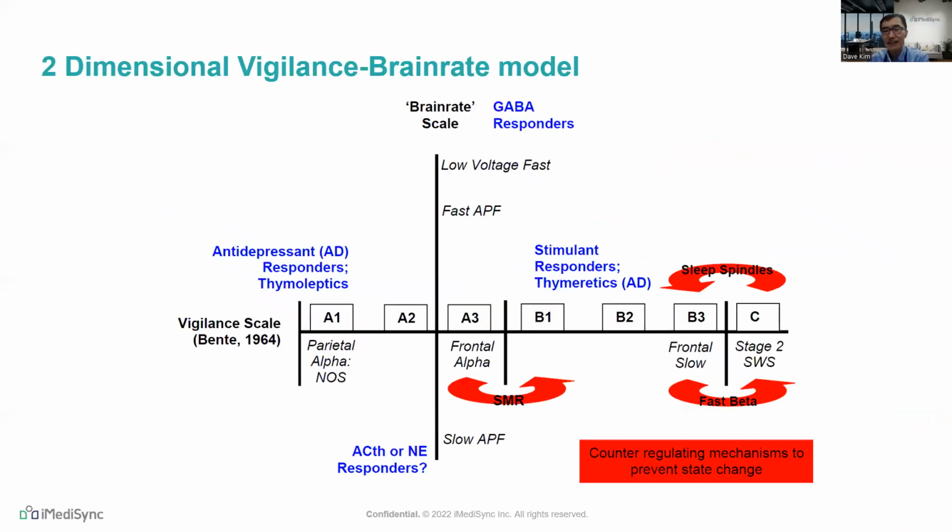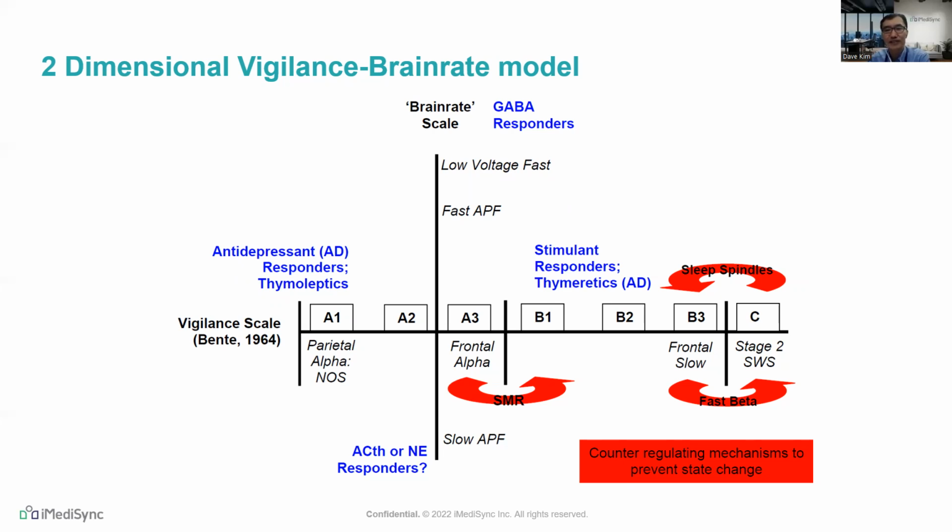In this slide, before going to the real EEG cases, I'd like to introduce the two-dimensional vigilance and brain rate model, which is very useful for understanding the QEEG landscape and designing a personalized intervention. The model was developed by Martijn and Jay Gunkelman.